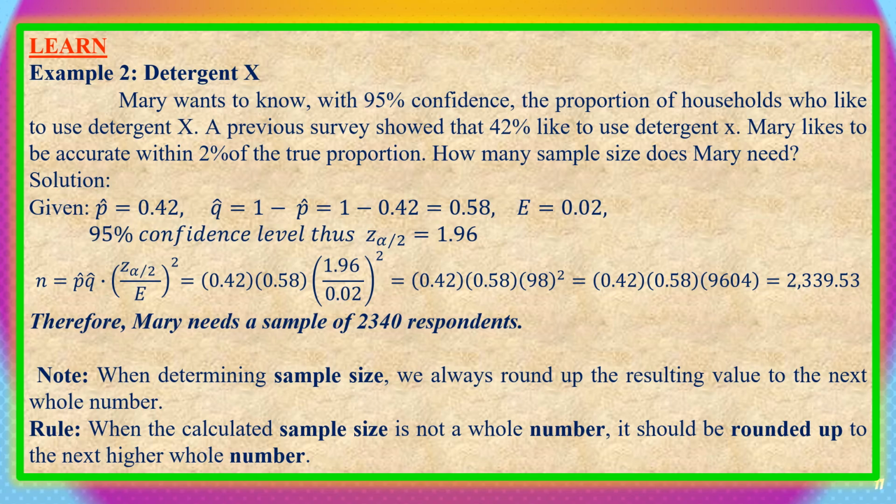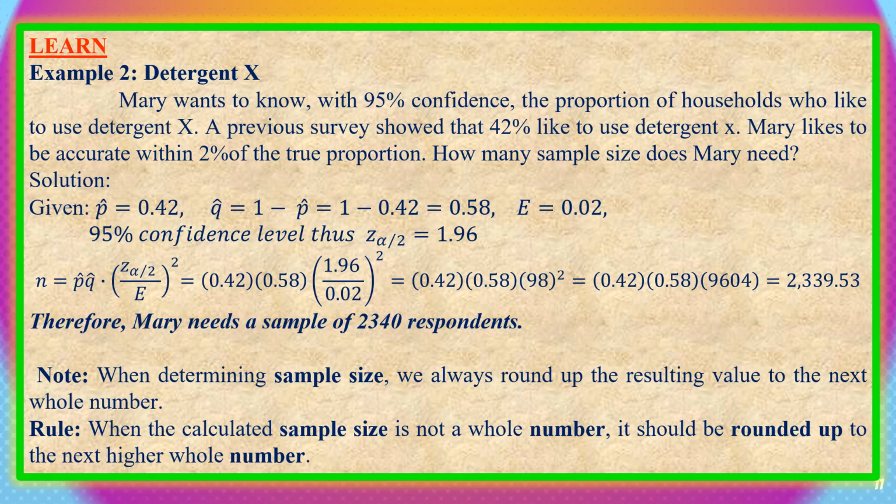So from our solution, you have the given p hat equals 0.42, q hat is 1 minus p hat, so you have 1 minus 0.42, that is equal to 0.58, and your E is equal to 0.02. For the confidence level, which is 95%, our Z sub alpha over 2 is equal to 1.96.